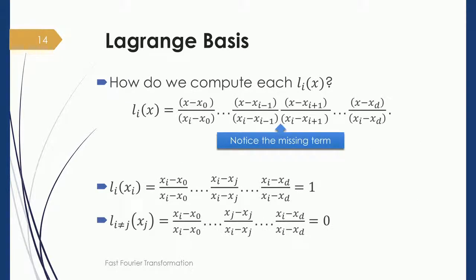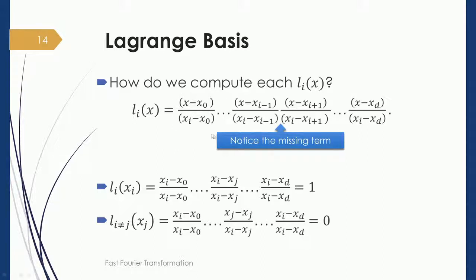The question we now ask is, how do we compute these Lagrange basis functions? And this is quite interesting. To construct the ith Lagrange basis function, we employ this technique where for each of the x sub j's we have a multiplicative term as shown here.